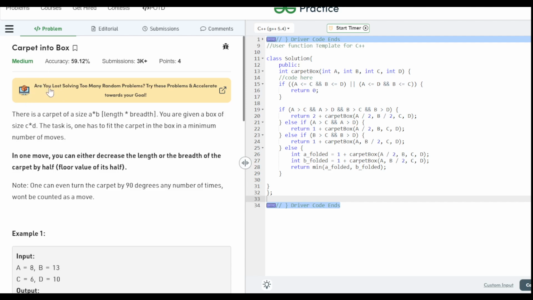The question states that we are given a carpet of size A into B, and we are also given a box of size C into D, and we have to fit the carpet in the box in a minimum number of moves.